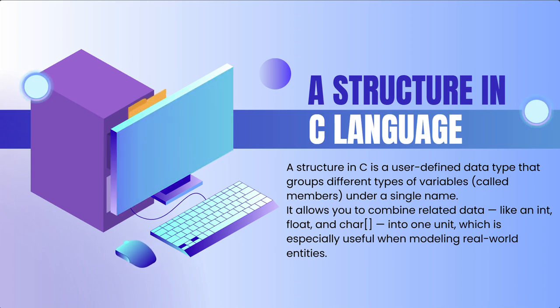So a structure is used to combine different data types as a single unit. But what is an array used for? An array is used to group data of a particular data type. Here, in a structure, the data types are different; in an array there is only one single data type, all the same type of data. Okay, let's move on.